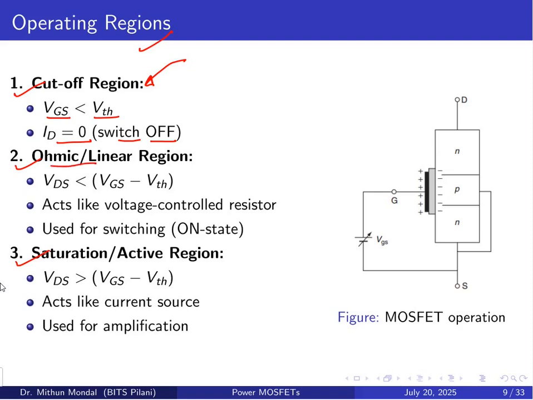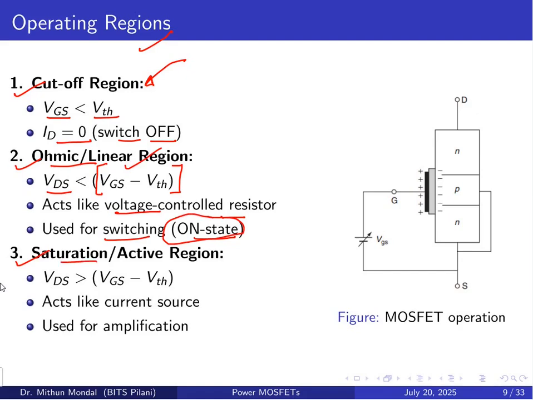In the ohmic or the linear region, the drain to source voltage is less than the difference of gate to source voltage and the threshold voltage. It acts like a voltage controlled resistor, and this is used for switching in the on state. So usually we will be operating our MOSFET in the linear region which is basically the on state.